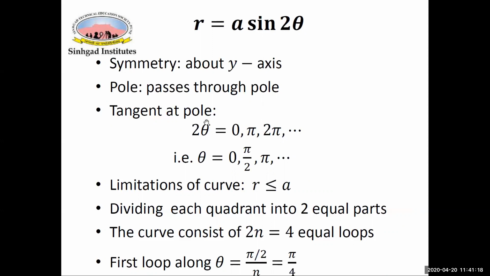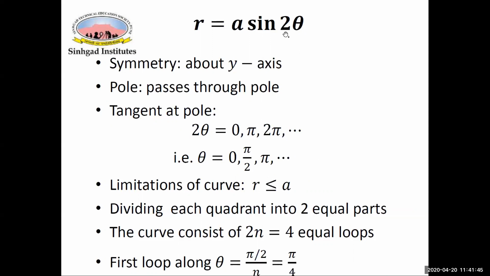So for which values of theta it will be 0? 2 theta will be 0, pi, 2 pi, because sin 0, sin pi, sin 2 pi, sin n pi itself is 0. Hence the value of theta is 0, pi by 2, pi, and so on. So these are the tangents at pole. The maximum value of the curve is a.